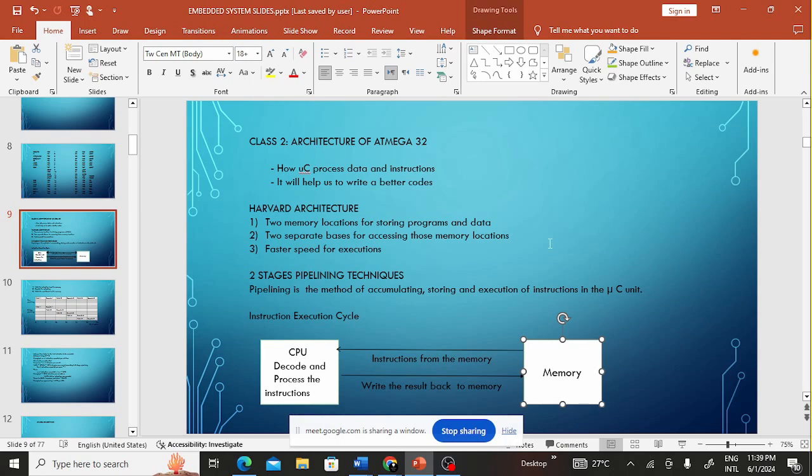Two memory locations for storing programs and for storing data, then 2 separate buses. Sorry, this is buses, not bases, a typographical error. Two separate buses for accessing those memory locations. Now, what is the end effect of this? The effect is that Harvard architecture tends to be much faster for execution.